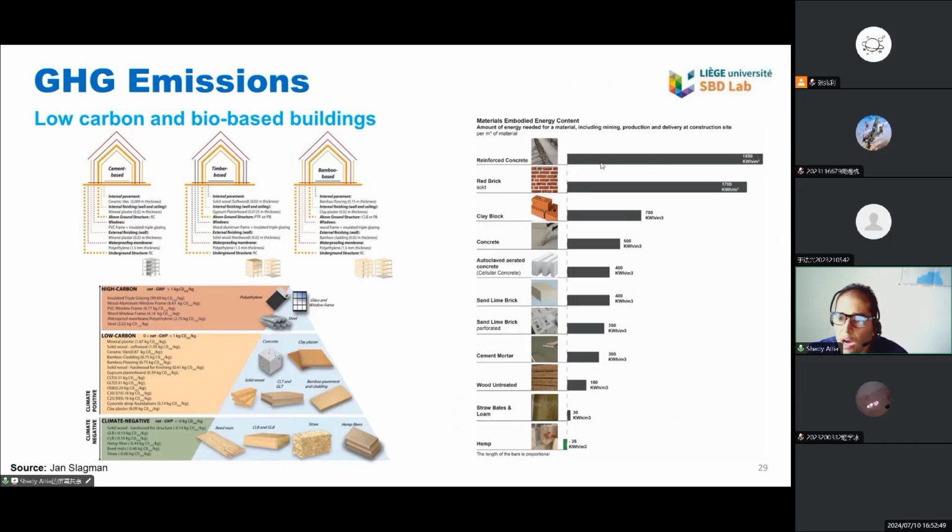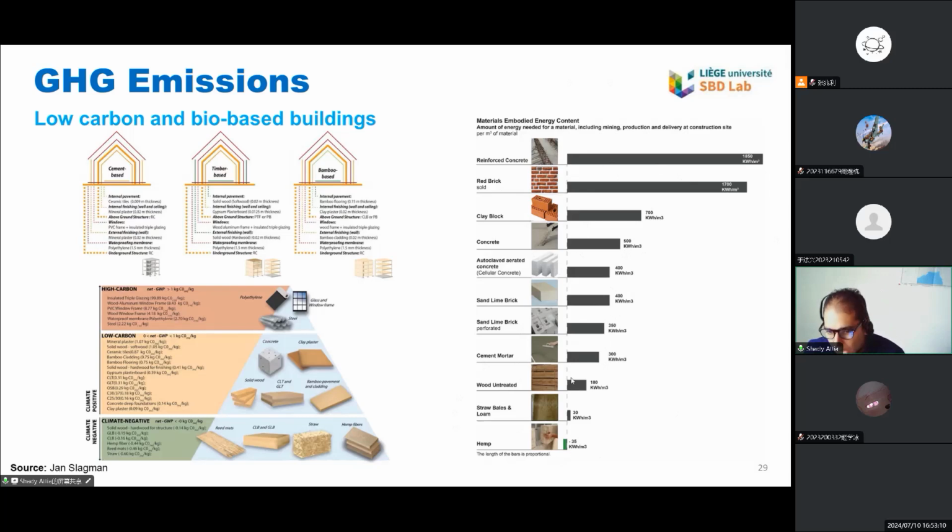So these are all very high energy intensive materials, and as a consequence, they will have high emissions associated with their production. And most of the time, they are produced from non-clean energy sources, meaning either they are produced from natural gas, or from fossil fuel, or from coal, and these are all negative impacts.